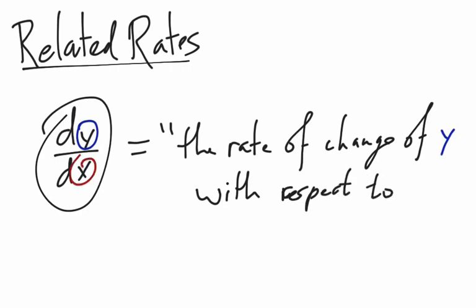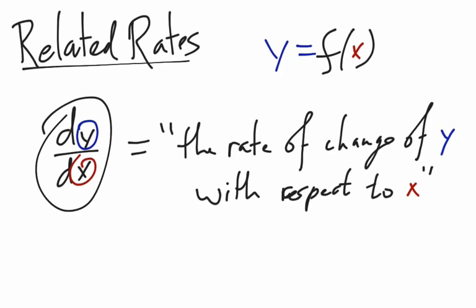So when we say dy dx, what we're saying in a very short format is, hey, this is the rate of change of y with respect to x. It's telling us that y is a function of x, and that x and y are somehow related, and we can then find the slope and stuff between them. So that's what dy dx means in words.